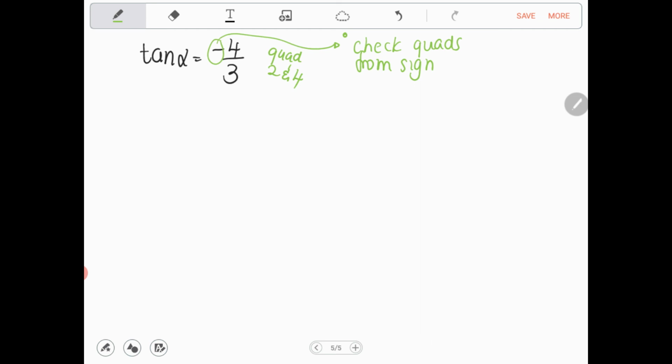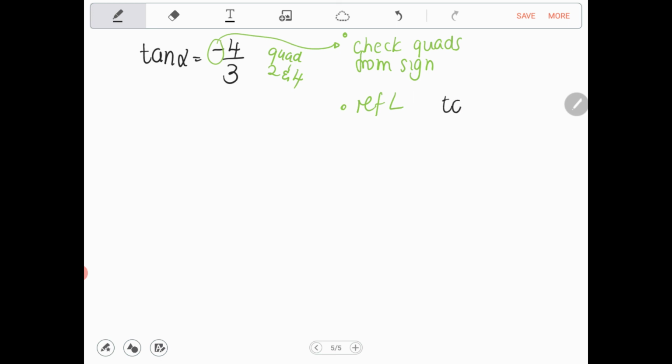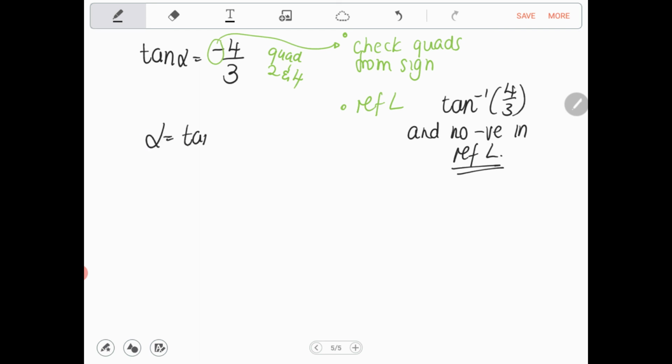All right, and then we find our reference angle. And remember the reference angle, we're going to be using tan minus 1 and no negative in your reference angle. Okay, very important. So alpha is going to be tan minus 1 of 4 over 3, or arctan I should say, sorry.